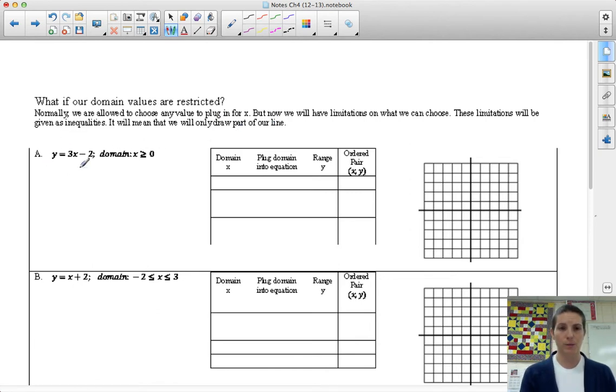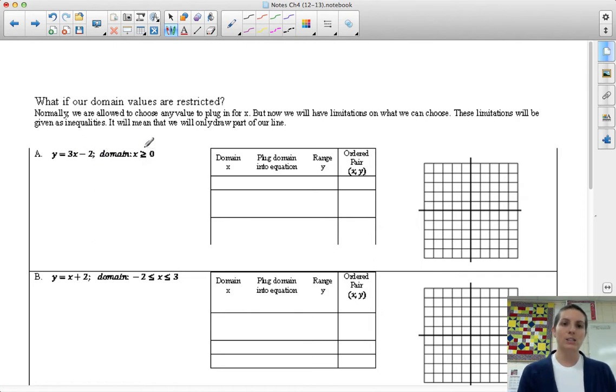So when we look at this problem A, y is equal to 3x minus 2, where the domain is x's are greater than or equal to 0. So when we go through this problem, the first thing we always check is, are we in function form or slope-intercept form? And yes, we are. We have y equals.